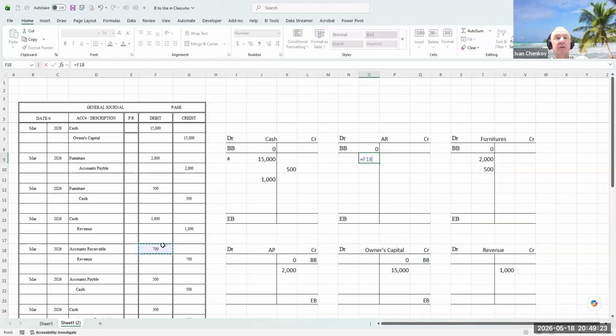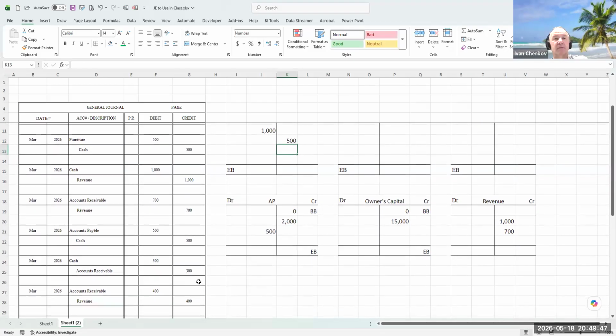Why? Because we're generating more revenue, but we didn't collect the revenue. And that create accounts receivables. Then accounts payable went down with 500 on the debit side because we use $500 cash. And we use the $500 cash.